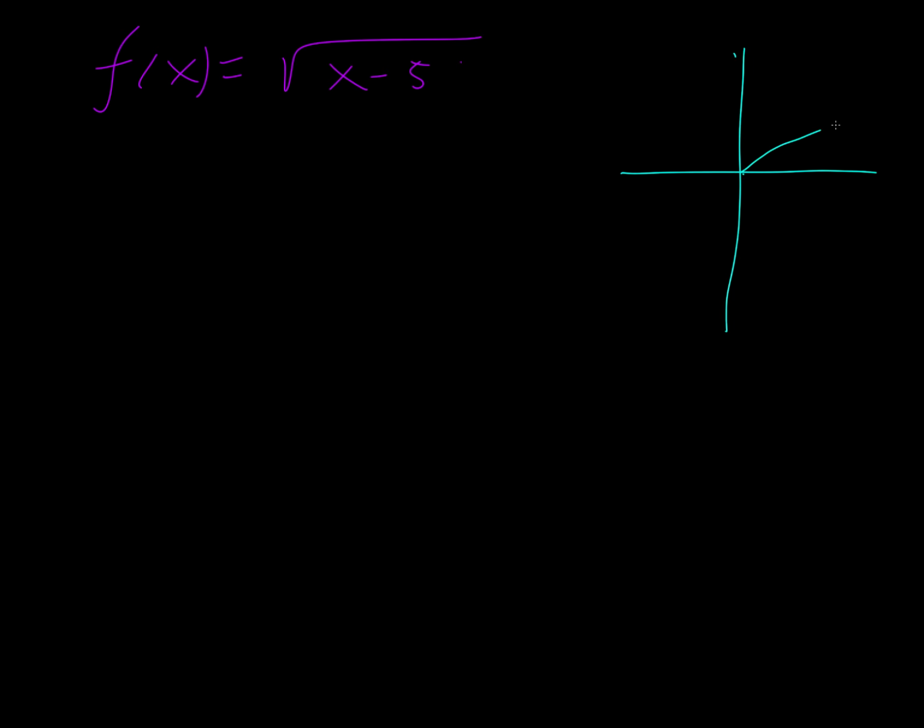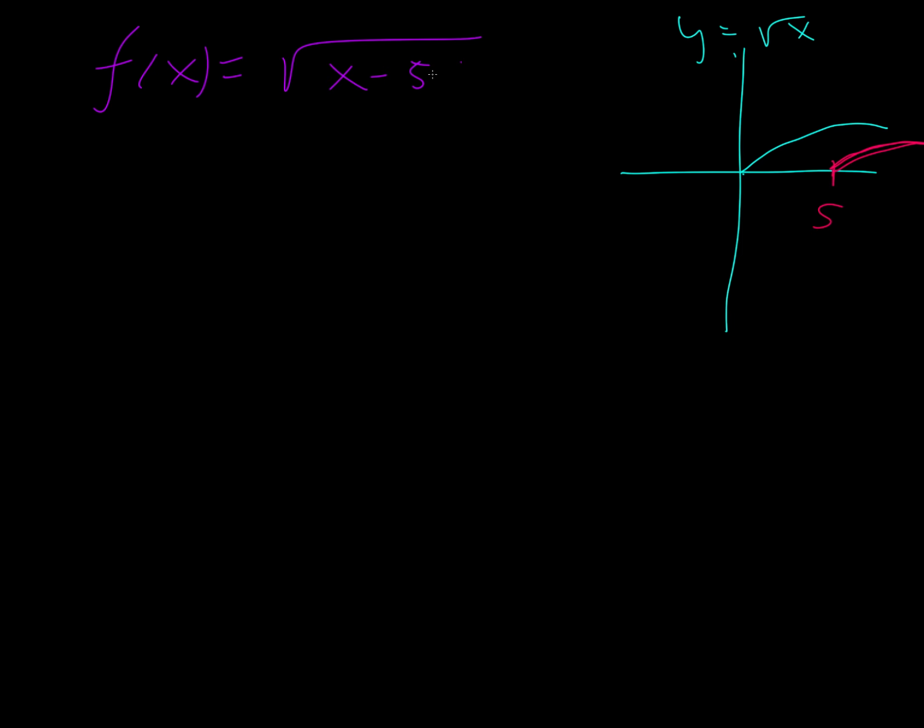So the square root graph looks like this. This is just y equals the square root of x. Now, -5 is going to shift it to the right 5. So the specific graph of this is going to look like that.